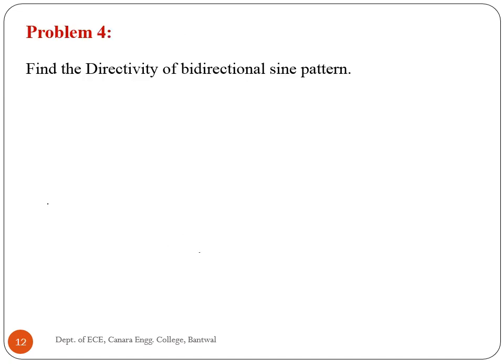Find the directivity of the bidirectional sine pattern. For that, the sine pattern is U equal to Um sin theta. It's bidirectional, therefore theta is between 0 and pi, phi is between 0 and 2 pi.